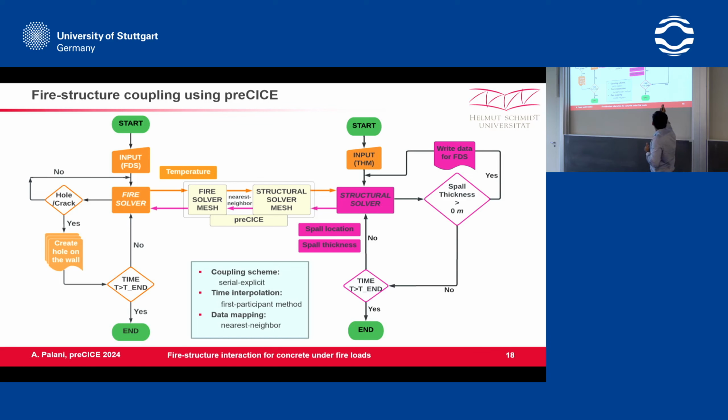So this depth, if it is greater than 0 meters, then it will write it to FTS. If it is not, it will loop until it gets the next temperature data, and then it gets the non-zero spall thickness. Once it writes the spall thickness to the FDS, preCICE gets it and gives it back to the fire solver, and the fire solver has a separately implemented subroutine that checks for the thickness, and if there is a positive thickness, then it will create a hole in the wall.